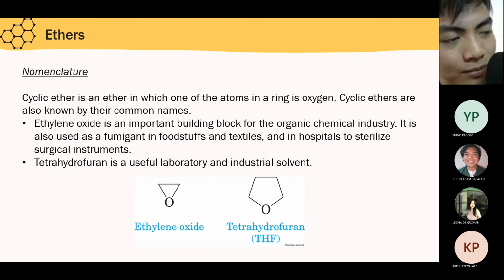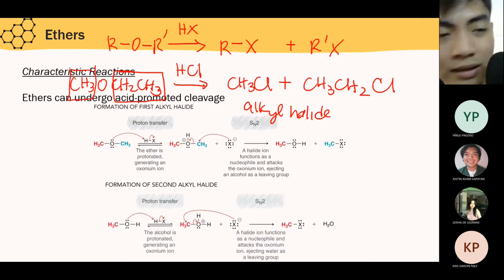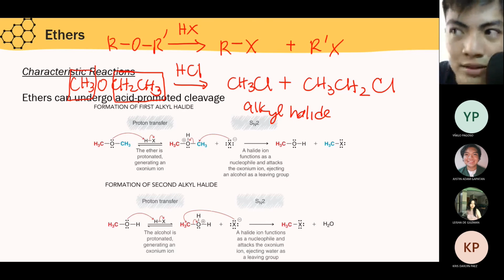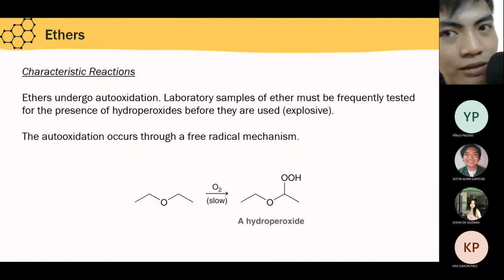And also, something to keep in mind is that ethers are very stable in the sense that they don't react that much. They only have two reactions. The two reactions are the acid-promoted cleavage, wherein the two R groups become alkyl halides. They can also undergo the auto-oxidation process, but it will take a while. And this is somehow analogous to the degradation of food, no?